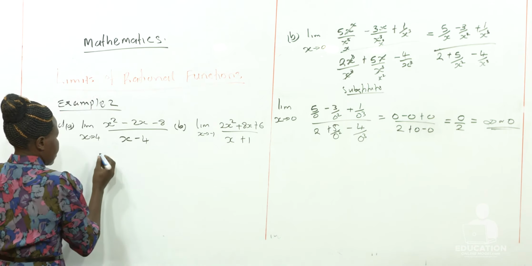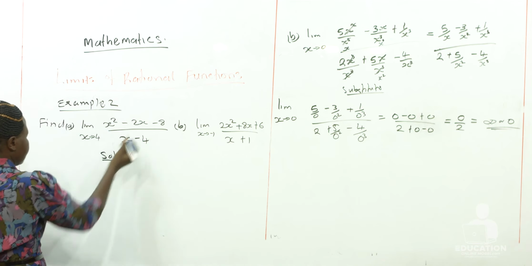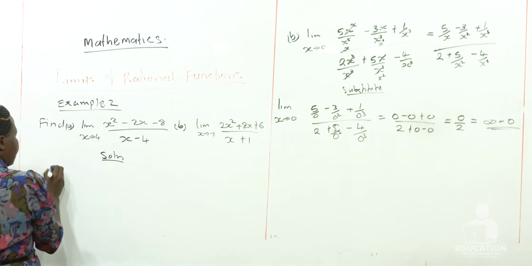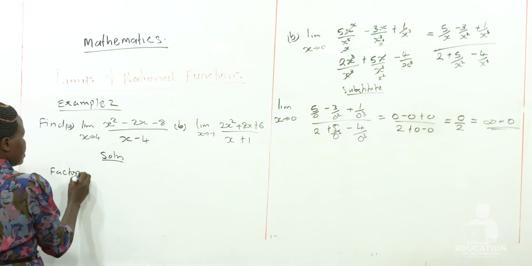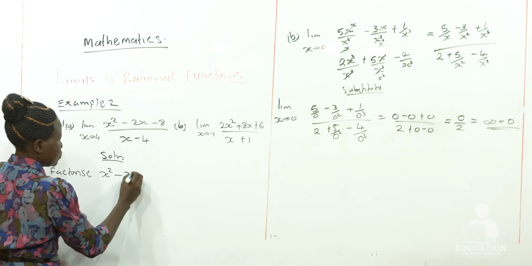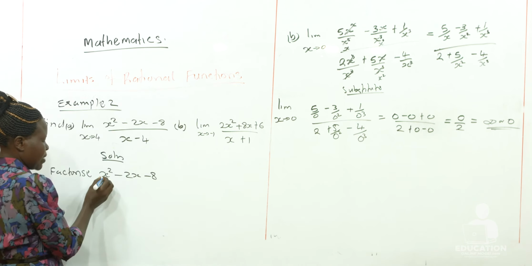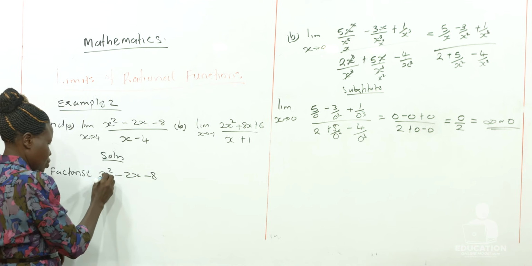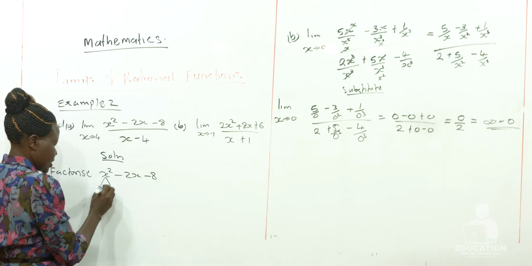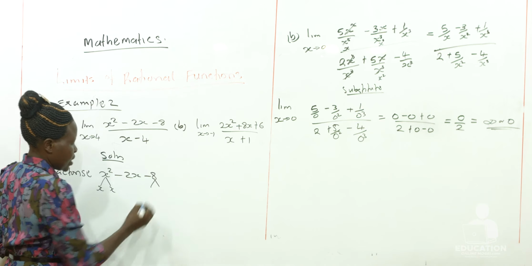So in our solution here, we simply say we are going to factorize x squared minus 2x minus 8. Since the first term is powered by 2, we simply break it. x times x will give us x squared. And then here, we look at the factors.